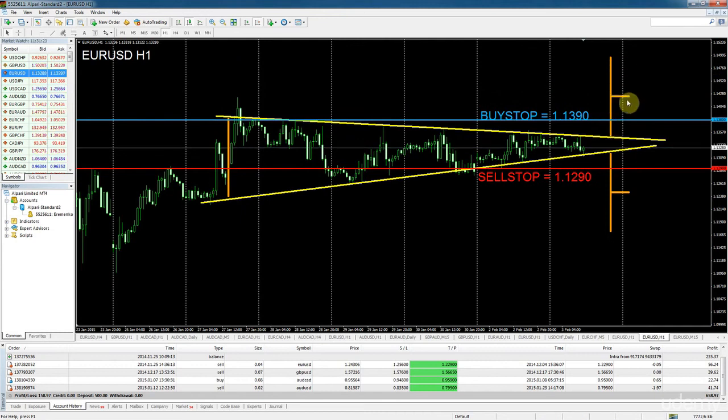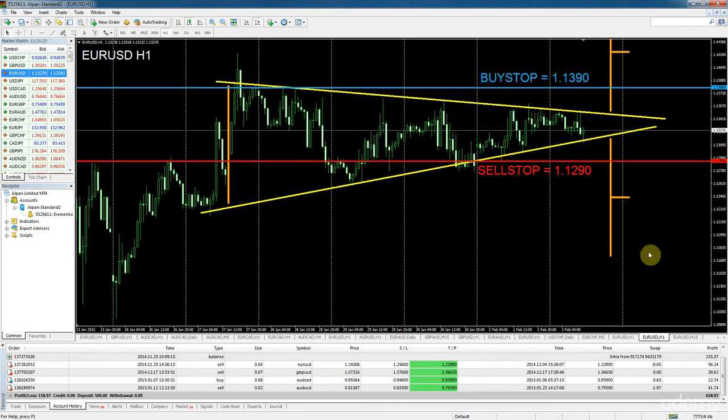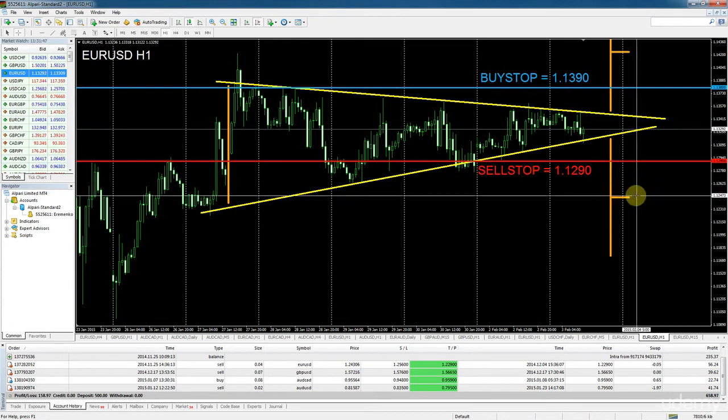So it can burst further than that, but it can burst just about that exact distance, and that's where we will set our take profit. This sell stop, as we discussed in the tutorial on pending orders, will be triggered once the price crosses this line, and hopefully the price will keep going, and then it will trigger our take profit.